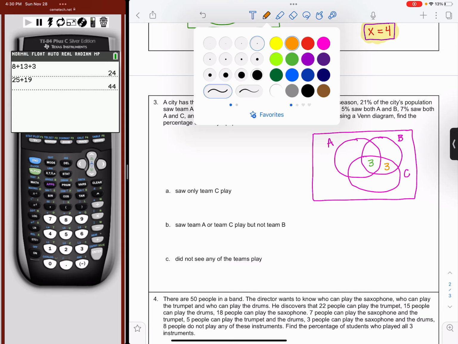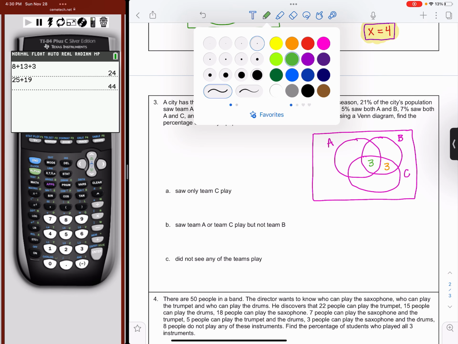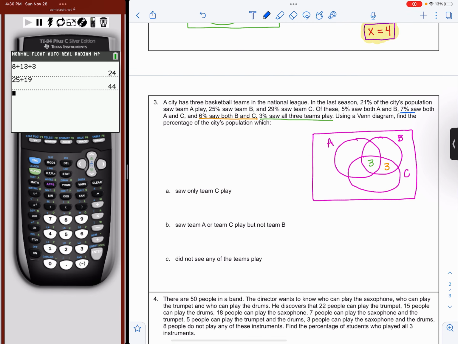The next part, it says 7% saw both A and C. So A and C cross here. And 7% saw both A and C, and I already have 3, so that means I need 4% who saw A and C only.